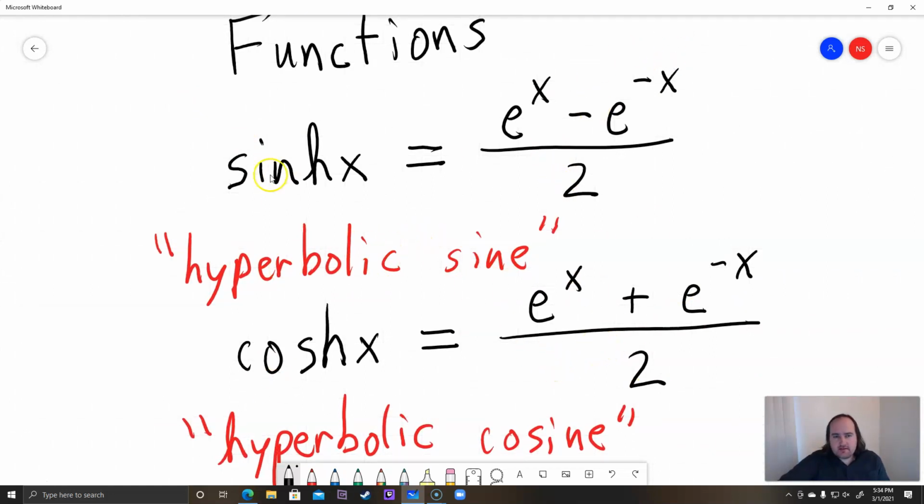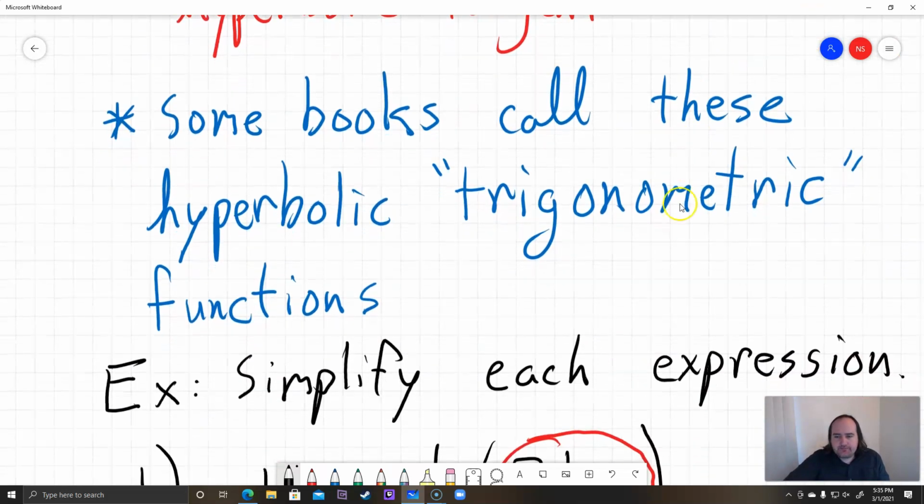The only difference is if you have sinh of u, it's going to be e to the u minus e to the negative u all over 2. But I think you should be good to do your second homework problem because it's very similar to the one we just did. So you're going to rewrite it in terms of this, then you're going to factor out the exponents, and then you're going to cross out the e and the ln, and then you'll be done. Just like on the one we just did.